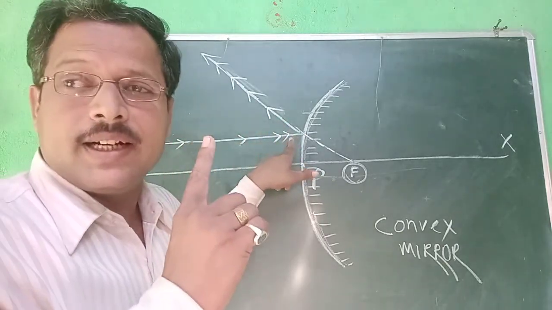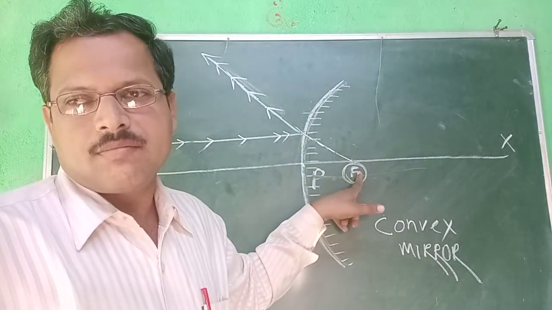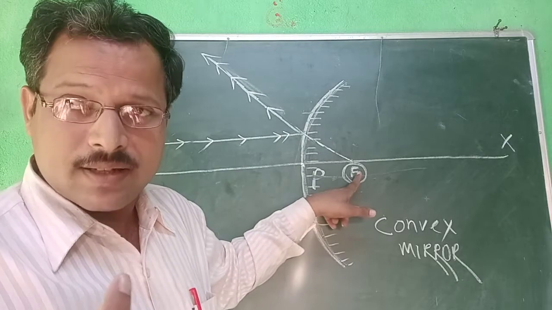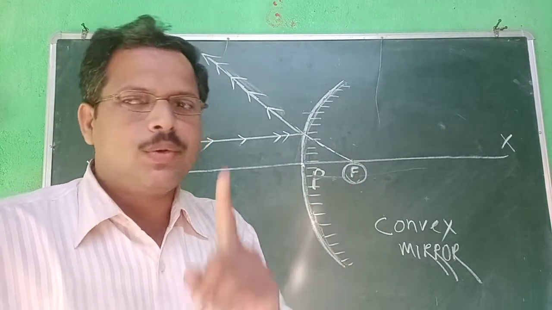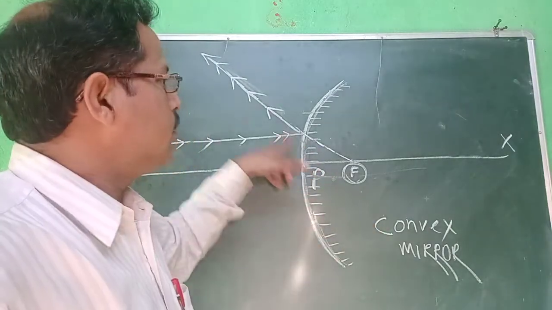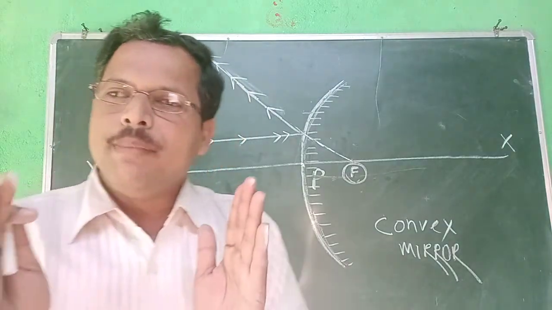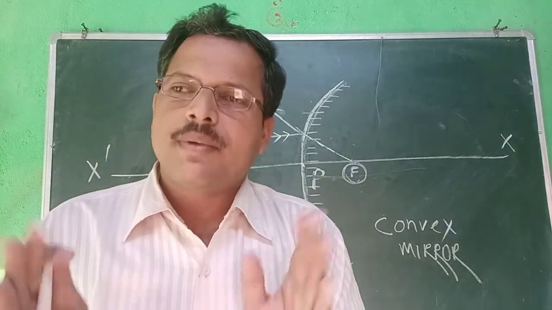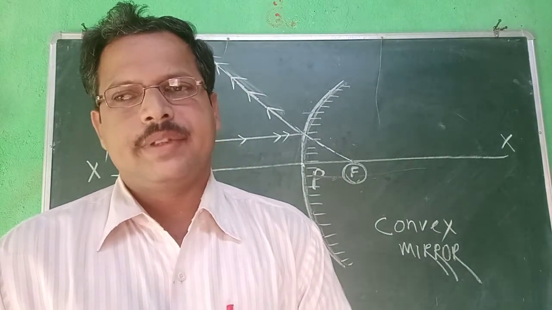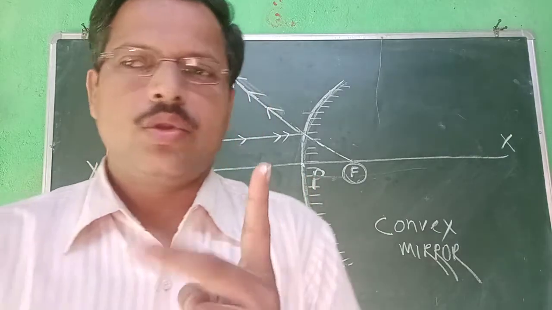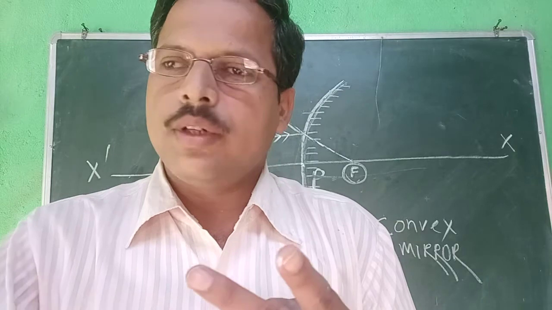In such a way that it appears to come from the principal focus, which is imaginary, placed on the right side of the mirror. Okay, rule 1 completed. This is what happens when a beam of light comes parallel with the principal axis. Rule 1 completed for convex mirror. Next, rule 2.